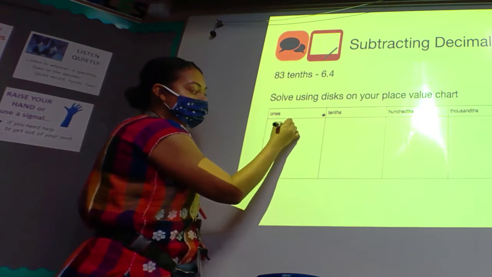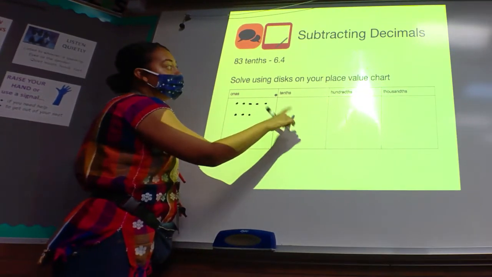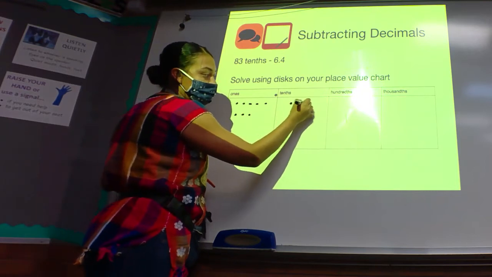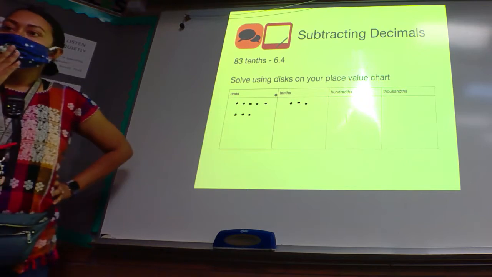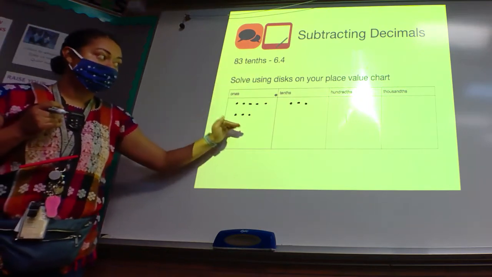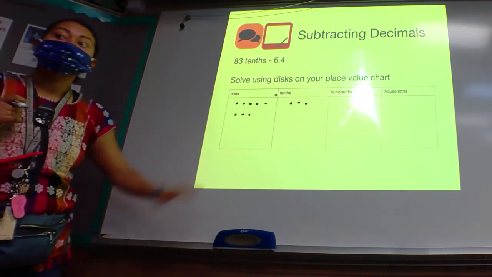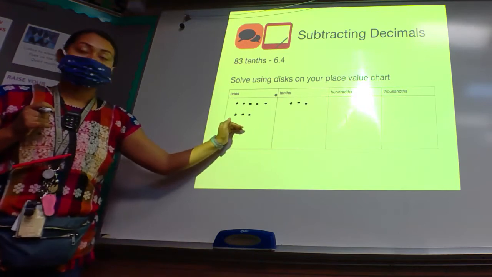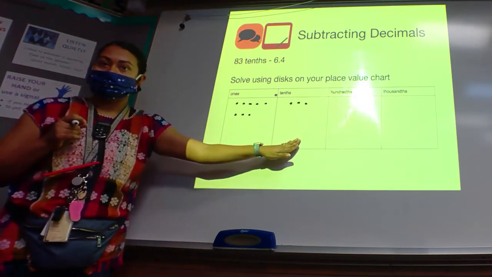So 1, 2, 3, 4, 5, 6, 7, 8. 3 in the tenths. 1, 2, 3. You see how this 83 tenths is also 8 and 3 tenths? Right? 8, 3. 83 tenths.